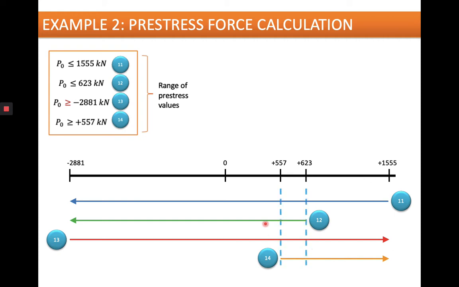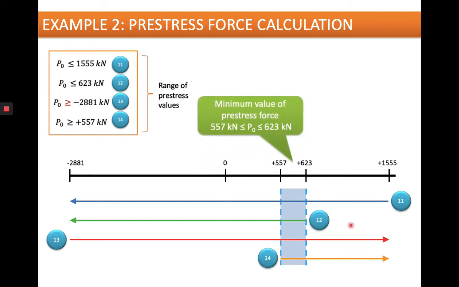For these four equations, this is the range that we want. We have 557 and 623, and you can see that all four lines are bounded between these two values. This is the range that we are going to consider.